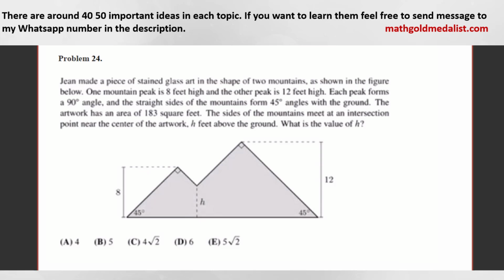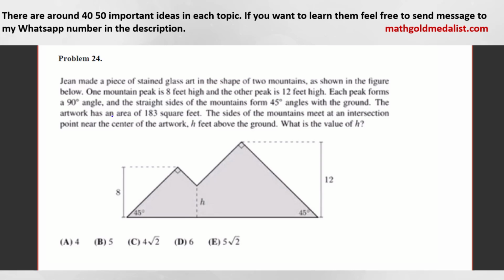Problem 24. Jean made a piece of stained glass art in the shape of two mountains, as shown in the figure below. One mountain peak is 8 feet high, this one, and the other peak is 12 feet high, this one, 12. Each peak forms a 90 degree angle, and the straight sides of the mountains form 45 degree angles with the ground.